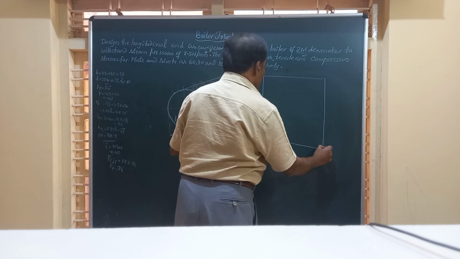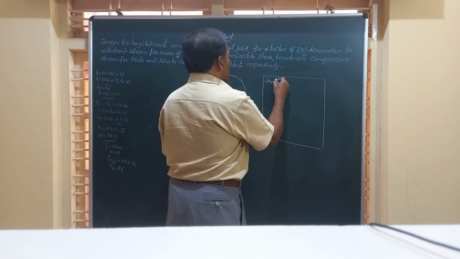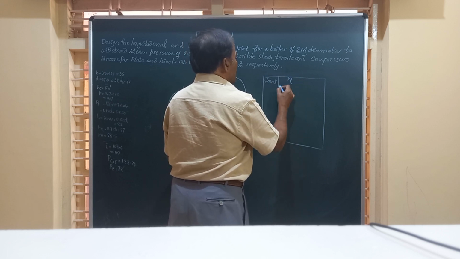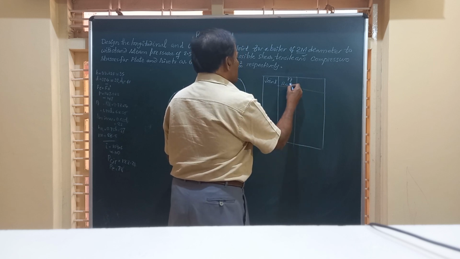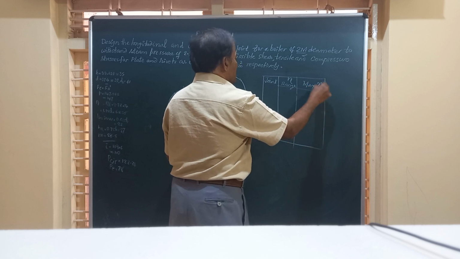There are two columns like this. One is the type of joint and the other is the efficiency range, efficiency, or you say eta. Two values are given. One is the range and the other is the maximum value of efficiency.